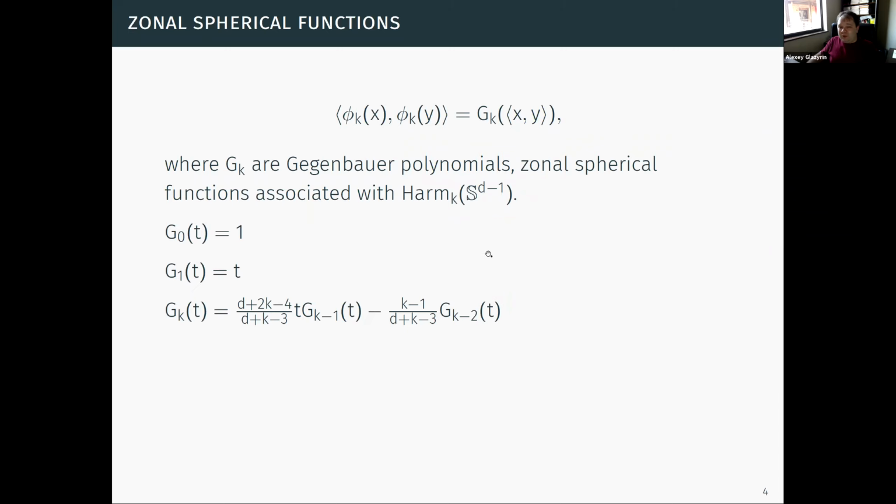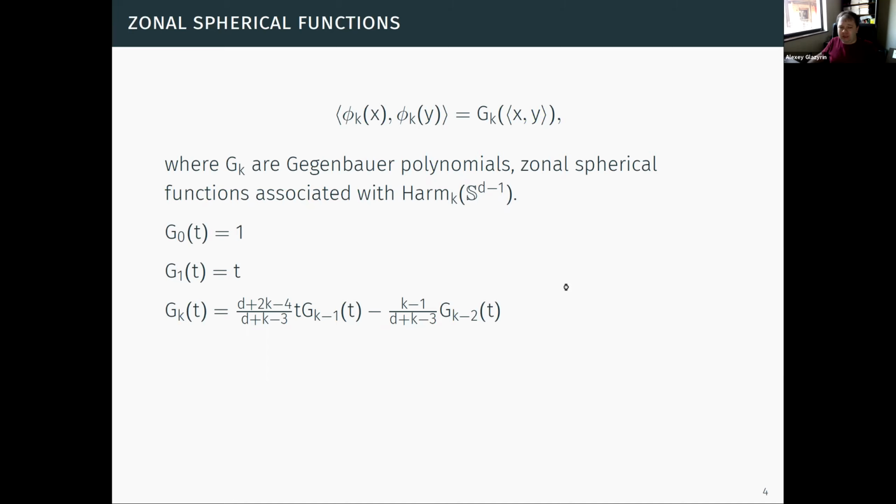Okay. As a small example, it probably makes sense to talk about the case of dimension 2. Their Gegenbauer polynomials are just Chebyshev polynomials of the first kind. And if you look at this map, then it's just a k-fold cover of the circle. So all angles are multiplied by k essentially. So this is what the mapping does.